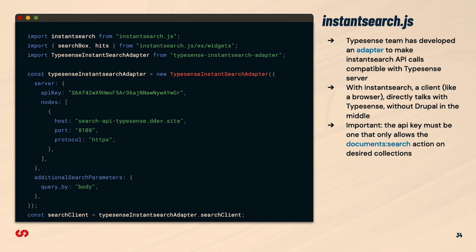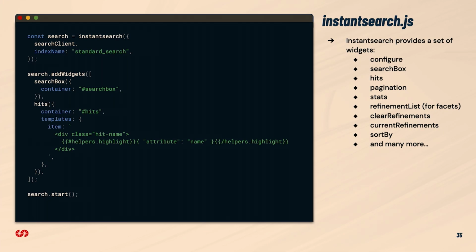And then you insert where the Typesense server is, the host, port and so on, and then you can configure your search. And InstantSearch provides a lot of widgets to build search interfaces. For example, the search box and its results, the pagination, the infinite scroll, all the facet support.